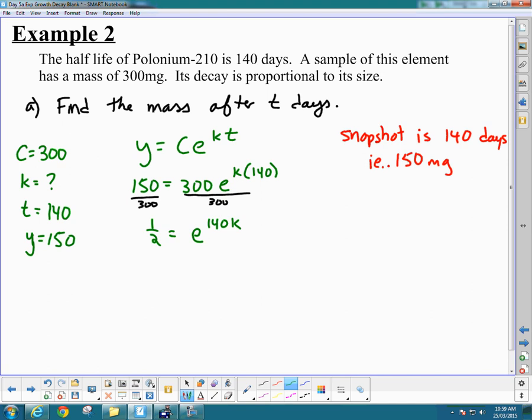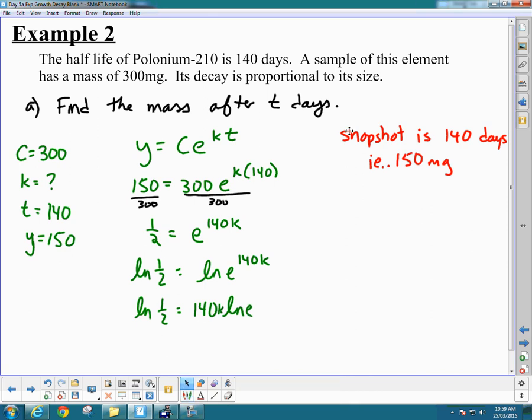To gain access to that K value, to isolate, we need to take the ln of both sides. Ln gains us access to the 140K.